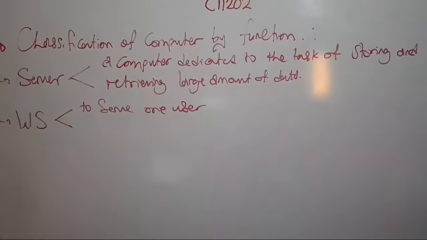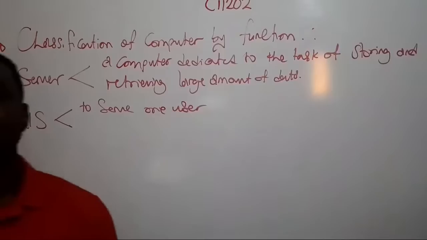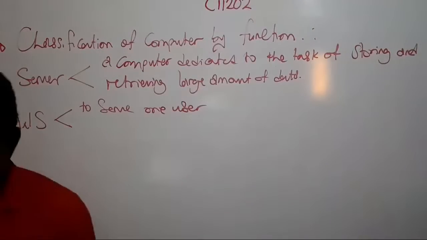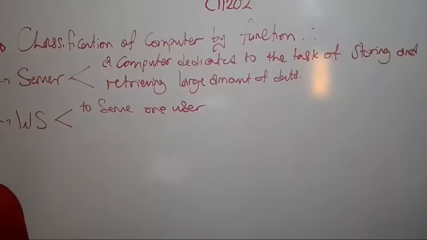Now we have that. We also have what we call the embedded computer system. The embedded computer system consists of general purpose CPUs that are part of a machine or device. This computer runs a program that is stored in read-only memory and is only intended to operate a specific machine or device.